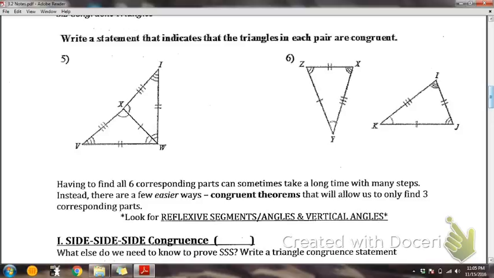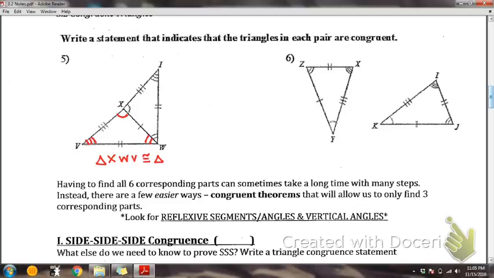I like to start with the angles. I think that's easiest. So I'm going to start with 1 arc, go down to the 2 arcs, and then over to the 3. So that means I'm starting with triangle XWV is congruent, and I'm going to look at the other triangle now.